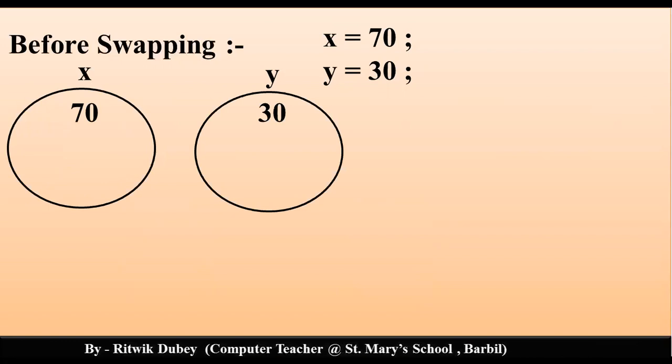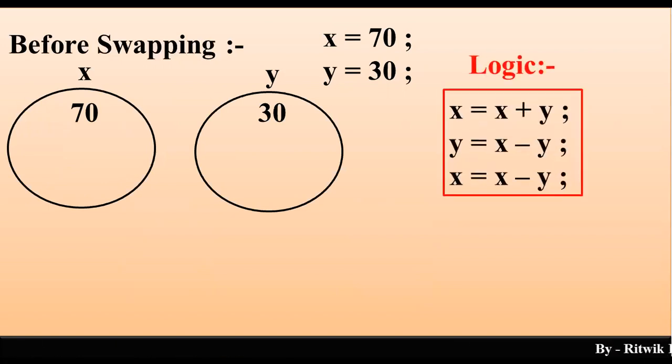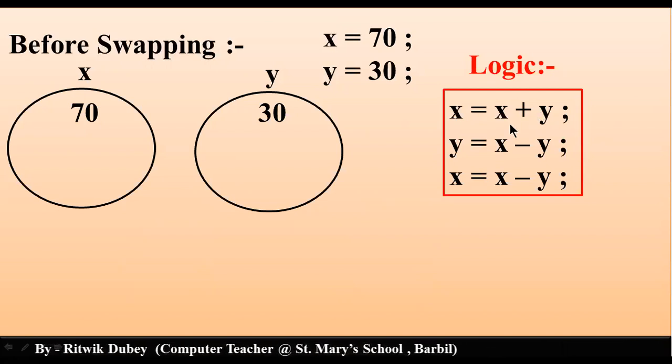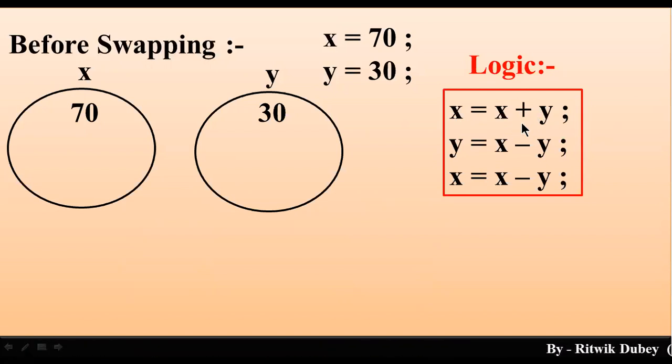Clear? Now see this logic. In this logic, have I used any third variable? Everywhere you will find either x or y. I have used only these two variables, x and y.